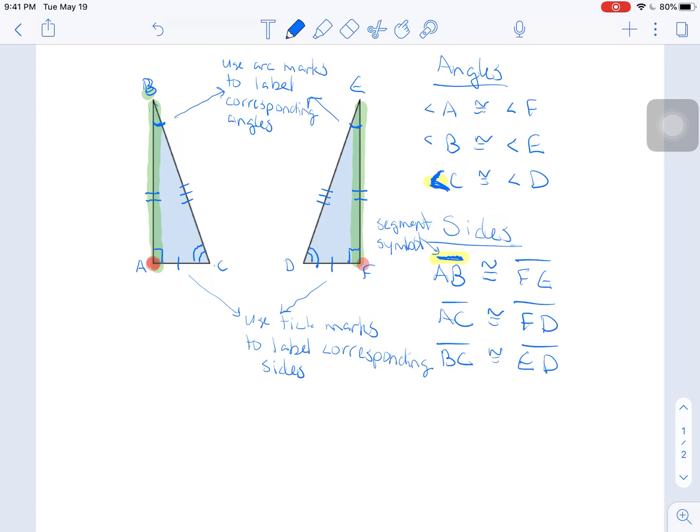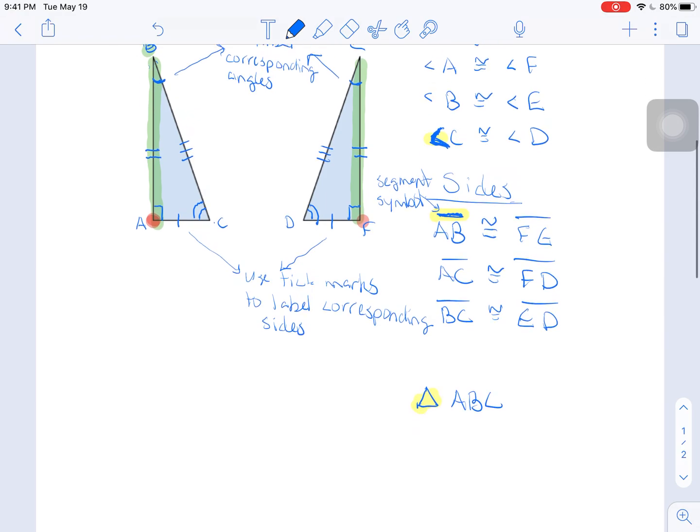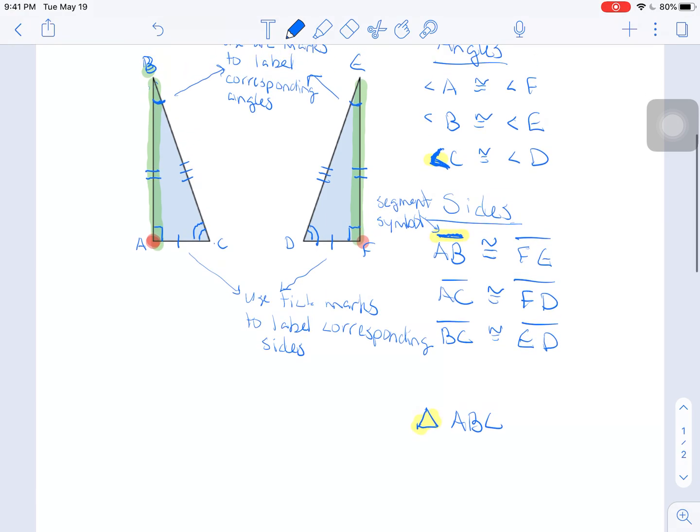So when we're naming triangles, we use what looks like a little triangle symbol. So that is the symbol that means this is a triangle. So if I wanted to name triangle ABC, I would use a triangle symbol and then write ABC. And that tells me, okay, this is a triangle and its corners are A, B, and C.